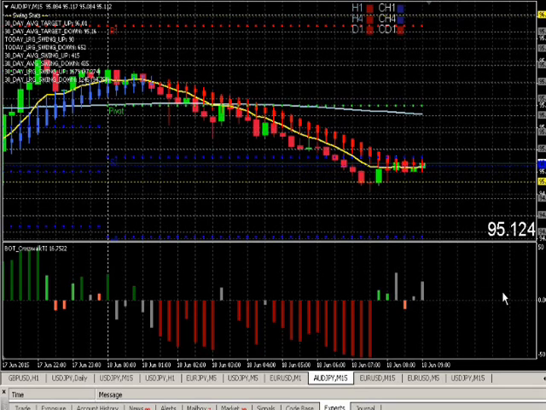Okay, no matter what indicator you're using, every one of them that is actually based around an oscillator is going to have a zero line. This zero line right here, this is in the center.